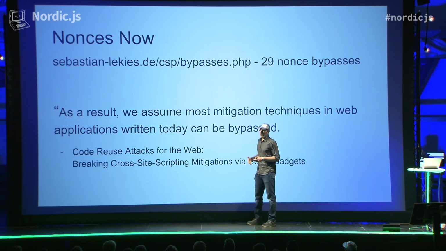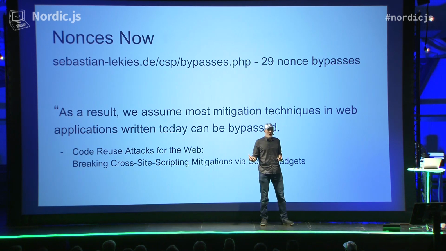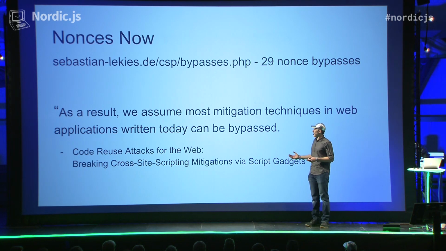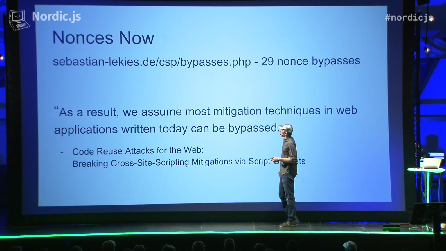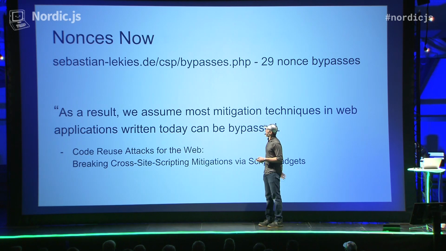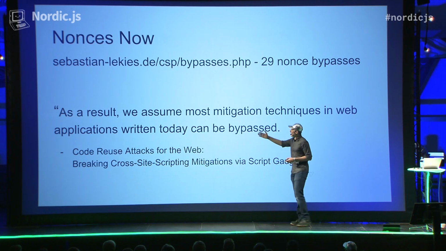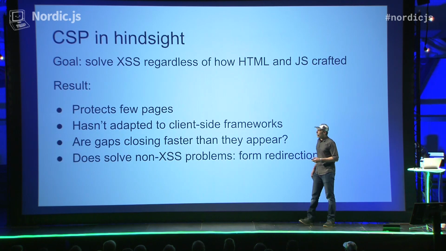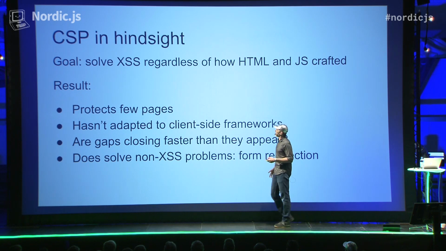And they found that modern client-side frameworks often include functions that can be turned against the applications and bypass things like CSP. So they concluded, as a result, "we assume most mitigation techniques in web applications written today can be bypassed."